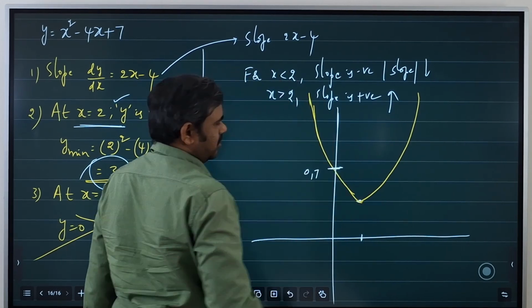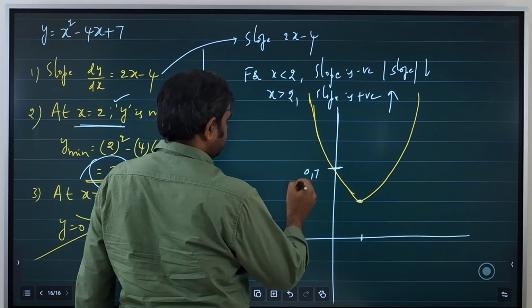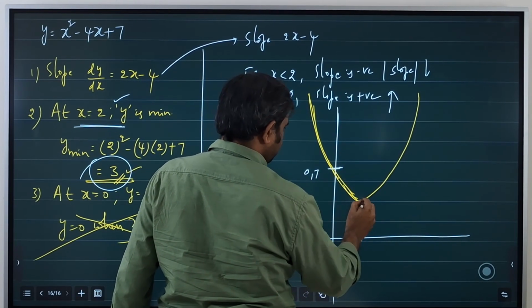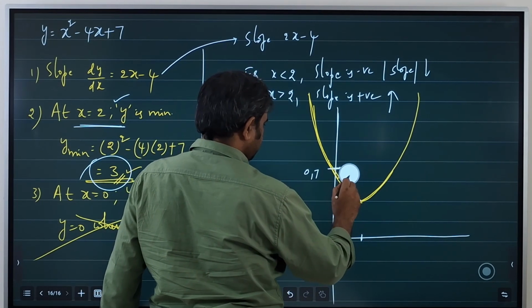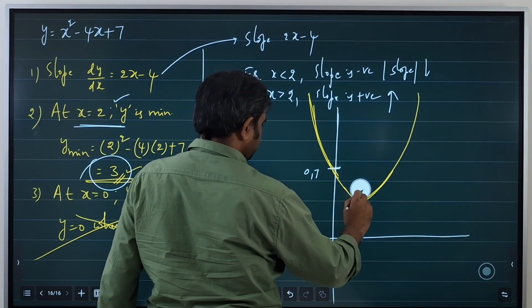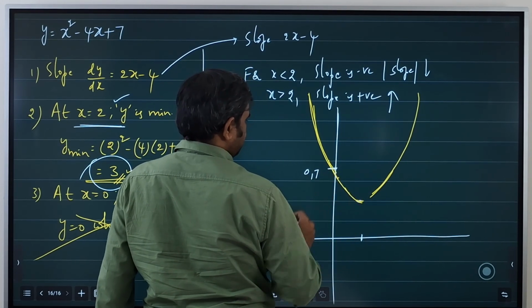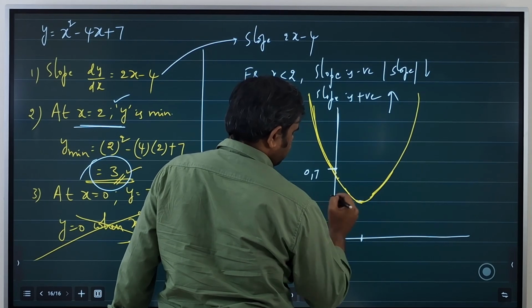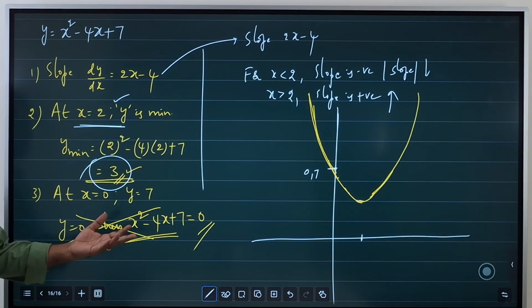So this is the shape of the graph. Like this, we can draw graphs of many functions.